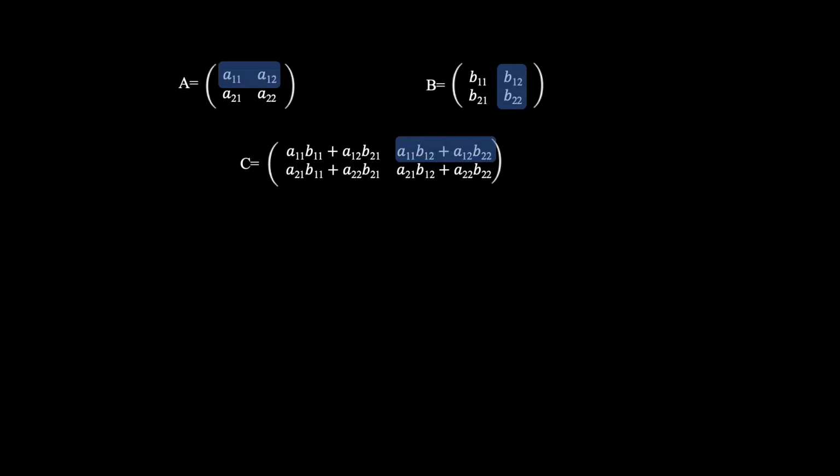The first row, second column entry of C is the dot product of the first row vector of A and the second column vector of B. The second row, first column entry of C is the dot product of the second row vector of A and the first column vector of B. And the second row, second column entry of C is the dot product of the second row vector of A and the second column vector of B as well.